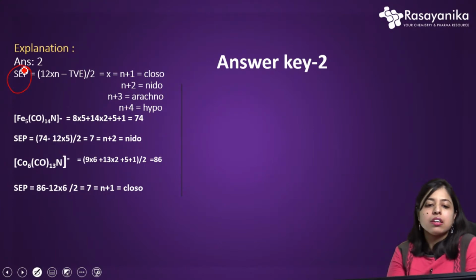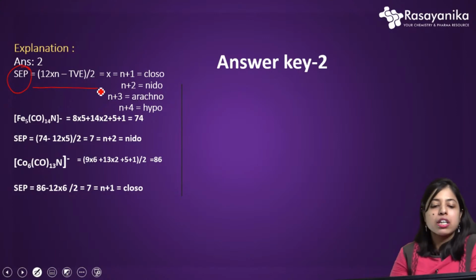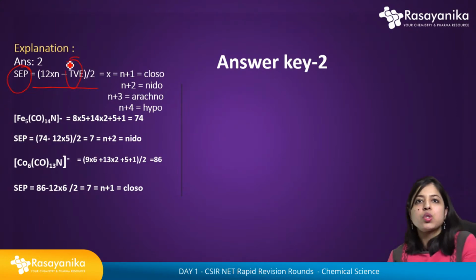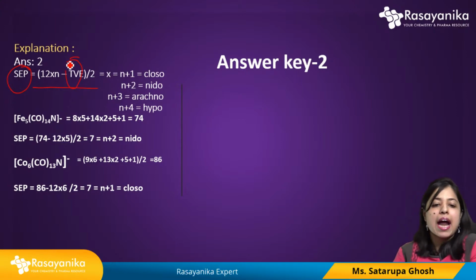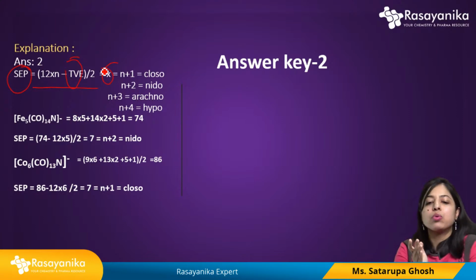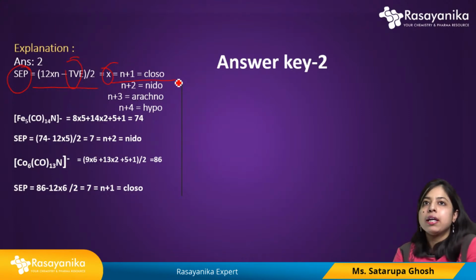So how can we find the SEP? The formula is (TVE minus 12 into N) divided by 2, where N is the number of vertices and TVE is the total valence electrons, which follows the 18 electron rule. Suppose we get X. If X is N plus 1, that is number of vertices plus 1, then the structure is closo.